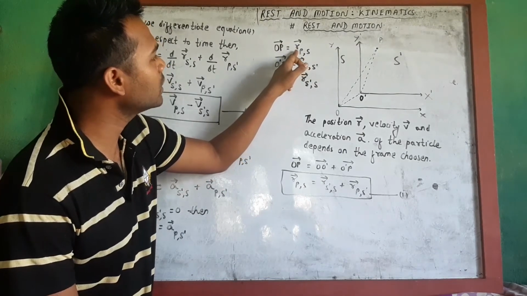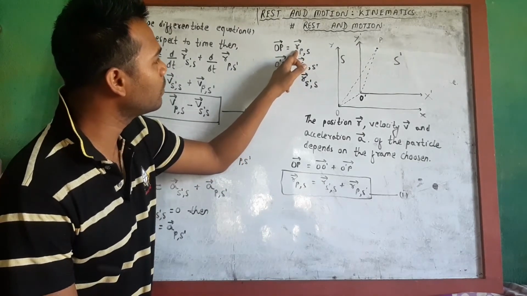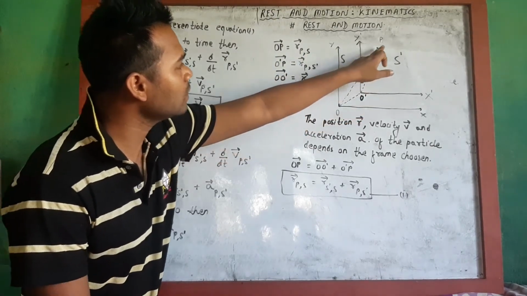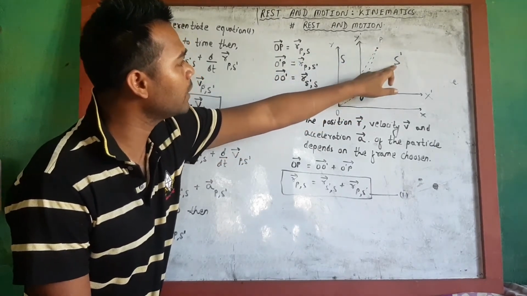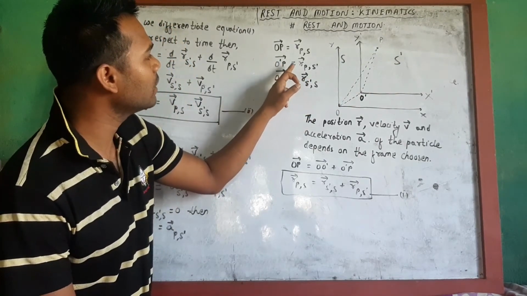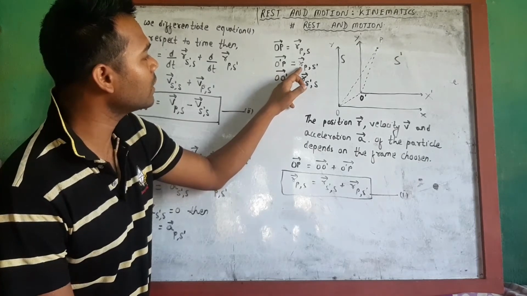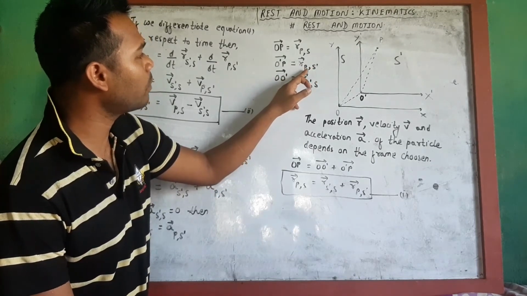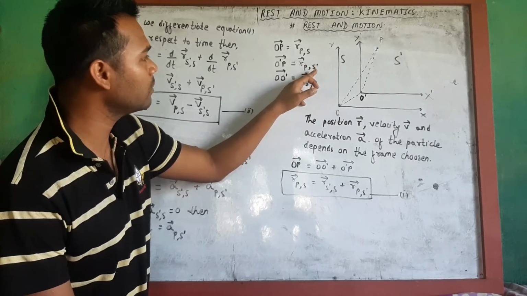This shows the position vector of particle P with respect to S. Likewise, the position vector of particle P with respect to the S dash frame will be given by the O dash P vector. Let it be denoted as r vector P comma S dash. It shows the position vector of particle P with respect to the S dash frame.